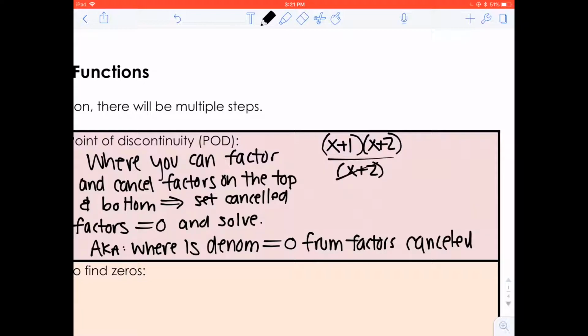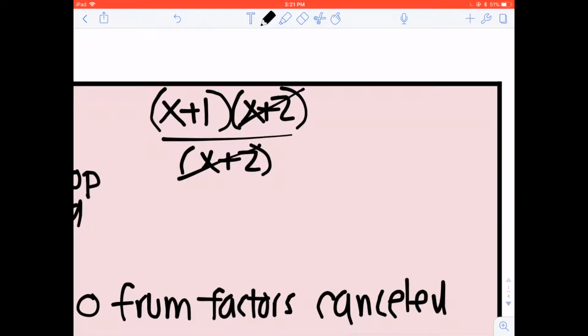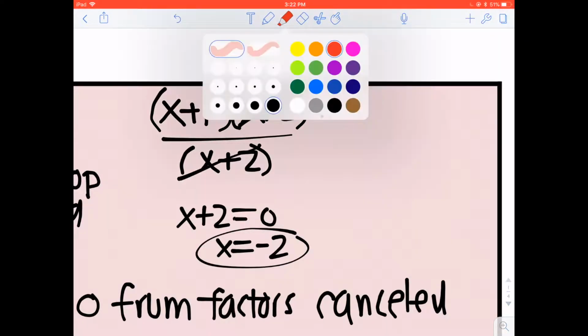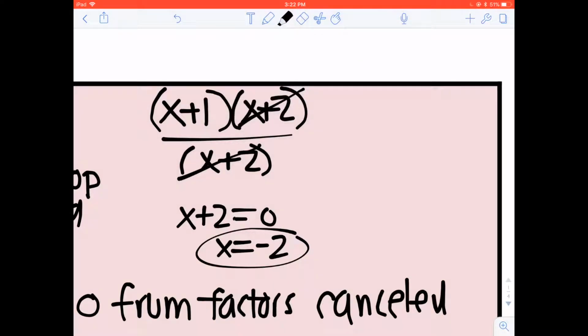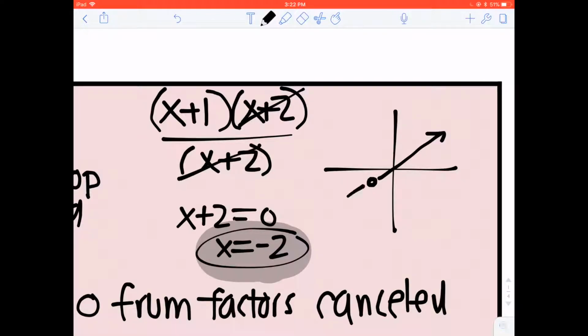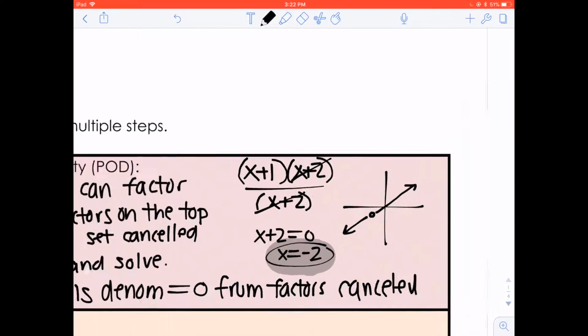We're going to be able to cancel those x plus 2's. But x plus 2 can't equal 0, so x cannot be negative 2. That right there would be our point of discontinuity. And that's because now when we graph it at x equals negative 2, we're going to have some sort of open point on our graph.